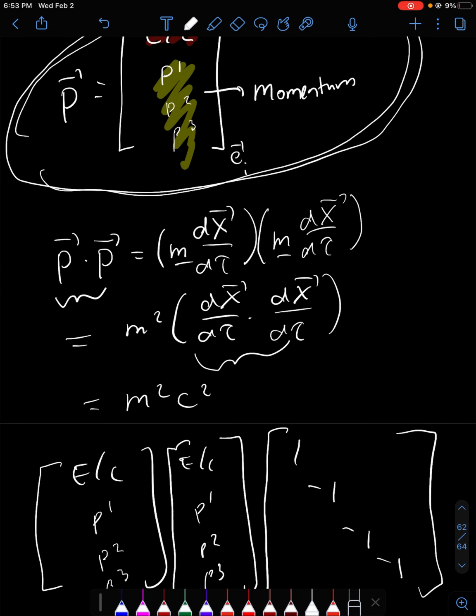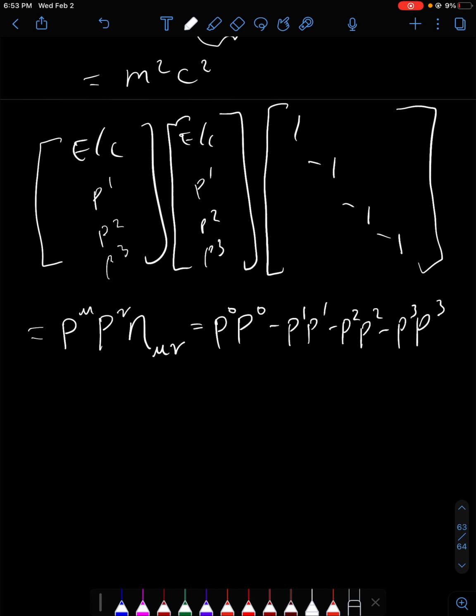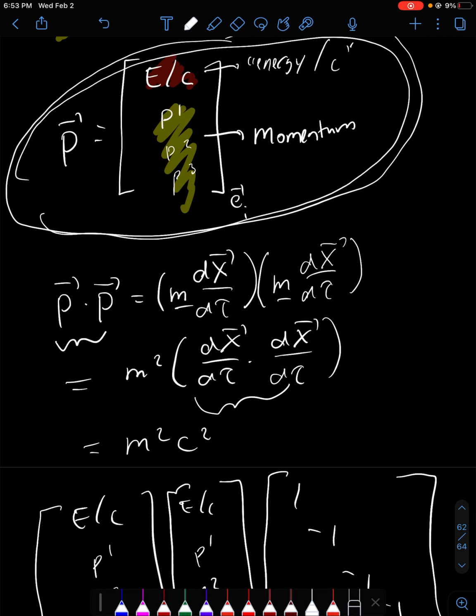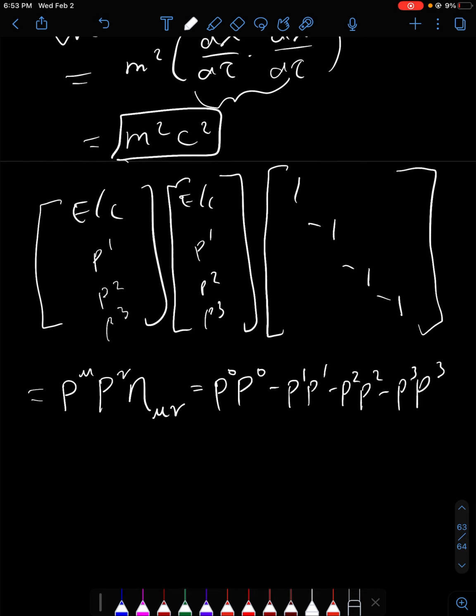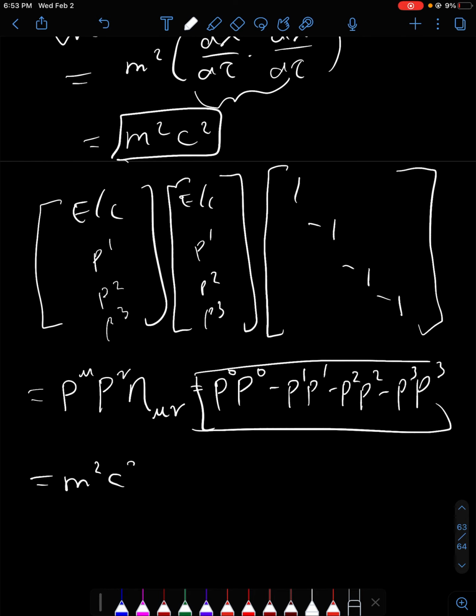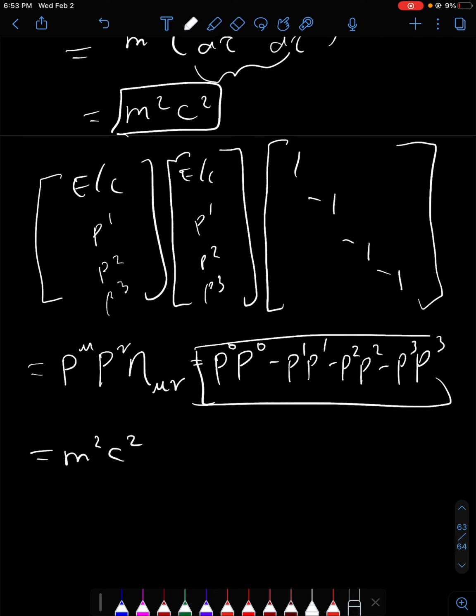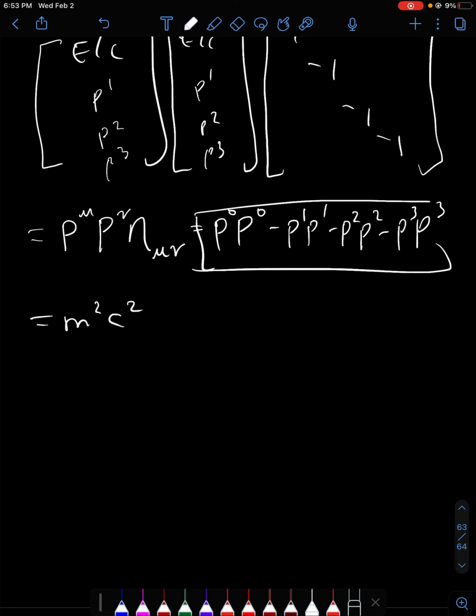Now recall that we just said that the dot product of the forward momentum with itself is going to be m squared times c squared, right? So this over here is going to be equal to m squared times c squared. Now I want to make our notation a bit more compact.